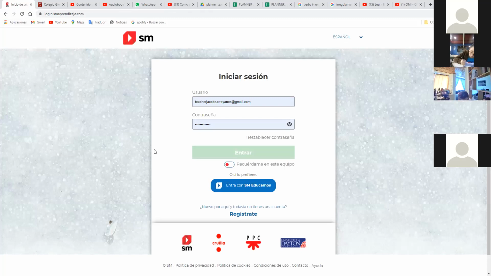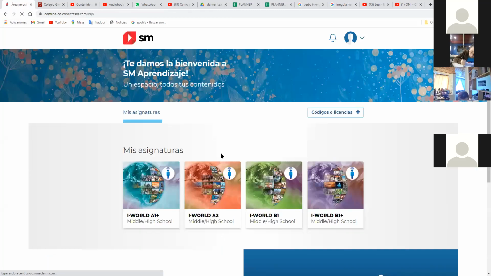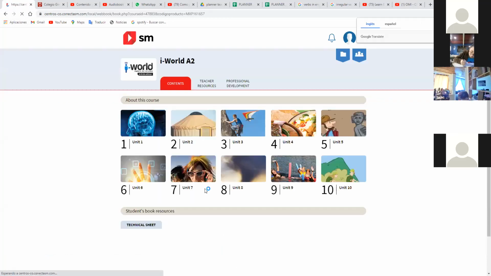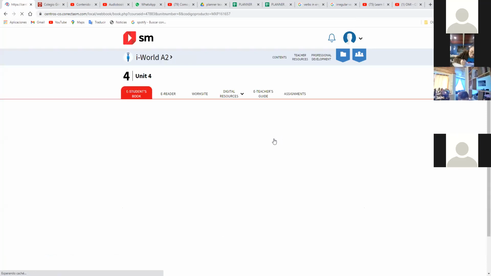Bueno, vamos ahora sí, listo, vamos a abrir la página, vamos a hacer el ejercicio page 44. Vamos a todos a ingresar los que tengan el libro a la página 44. El primer ejercicio es del auxiliar should. Recuerden cómo se pronuncia, should.